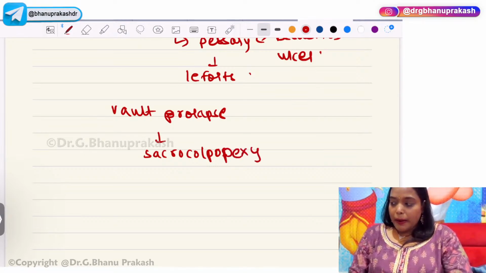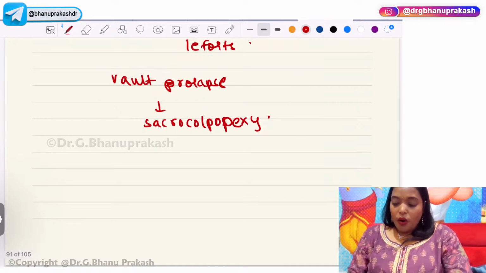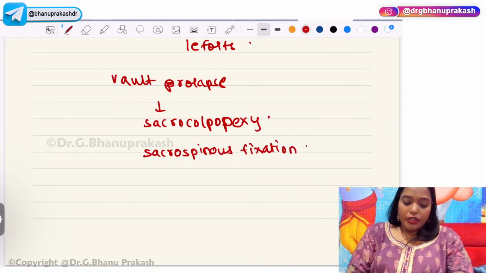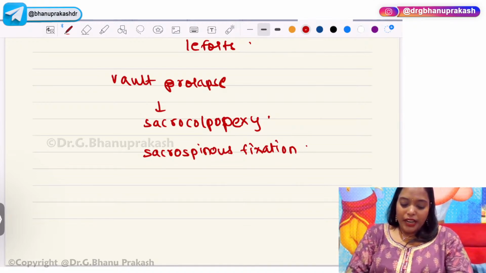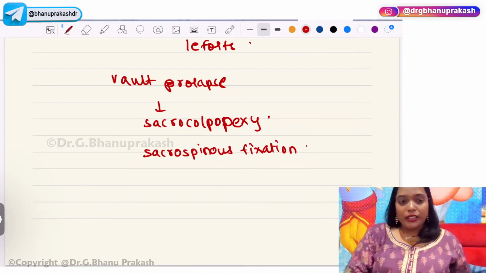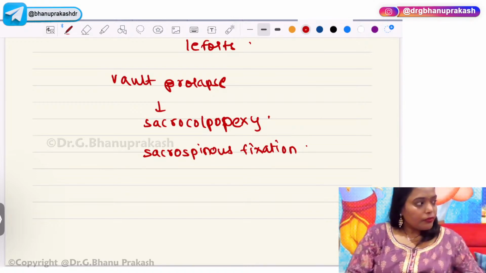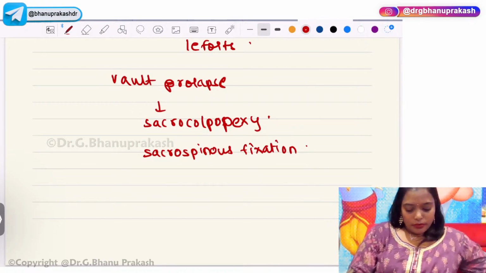Alternate to sacrocolpopexy is sacrospinous fixation. So first you'll always try with sacrocolpopexy. If that doesn't work, then you'll go for sacrospinous fixation.